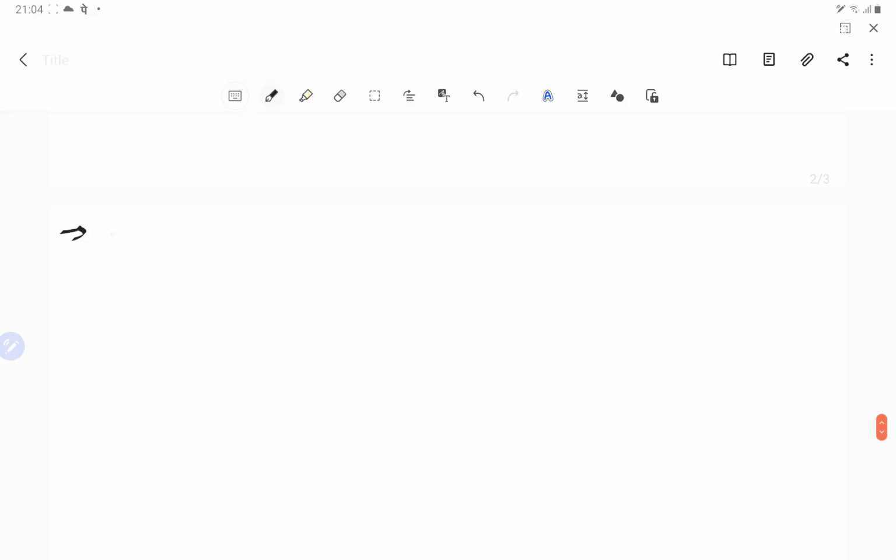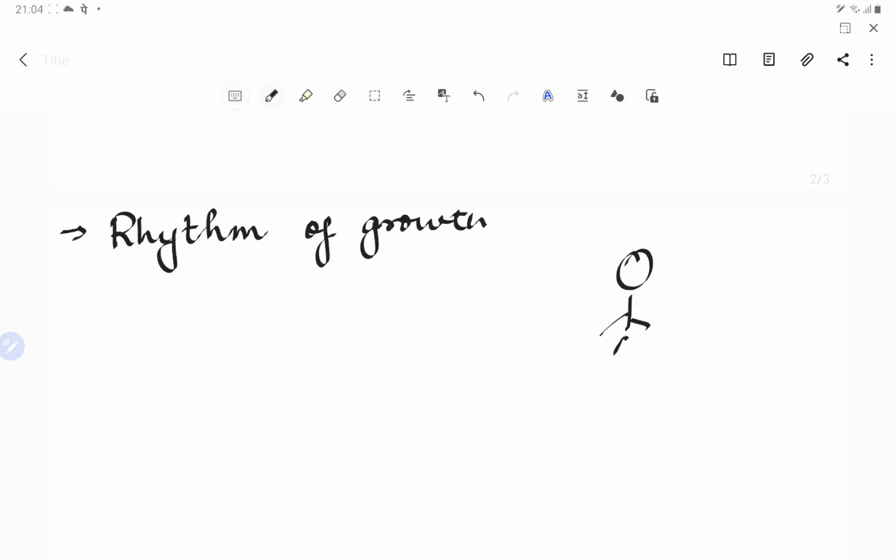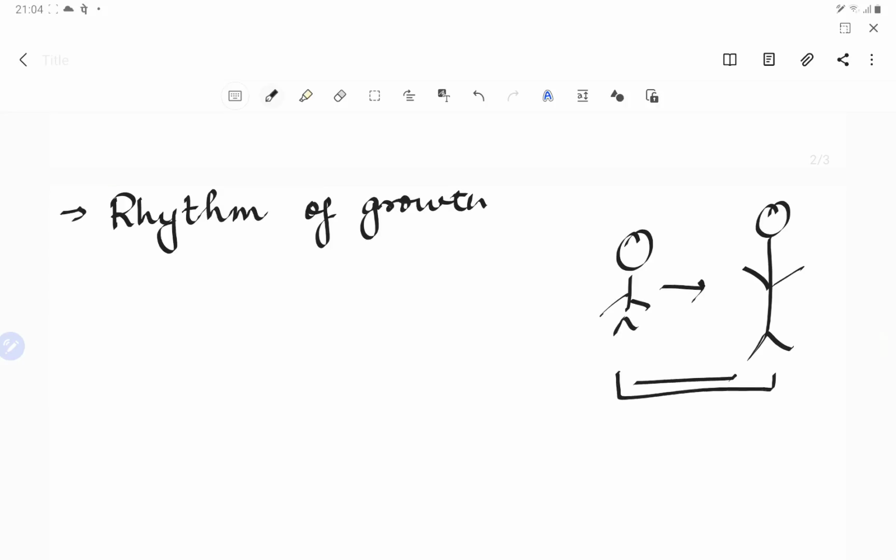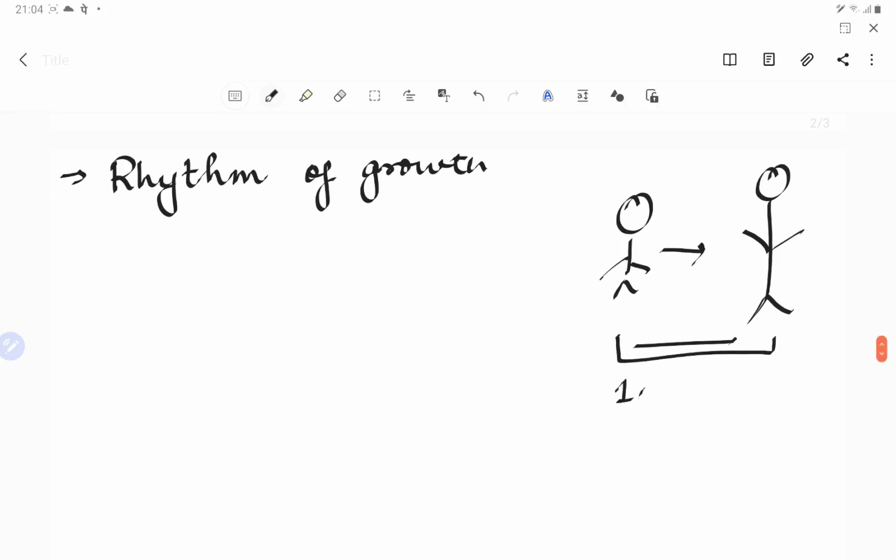Next is the rhythm of growth. That means growth is not constant and growth is not steady. Suppose a child is growing until he becomes a mature adult. Over this period, it is not always like 1 inch per year.